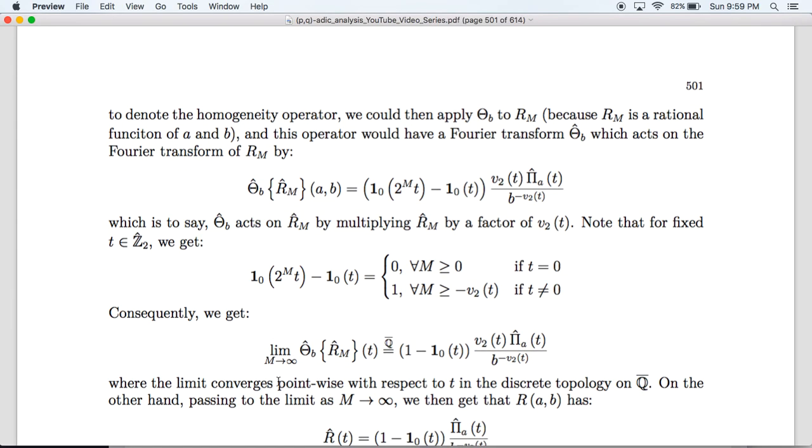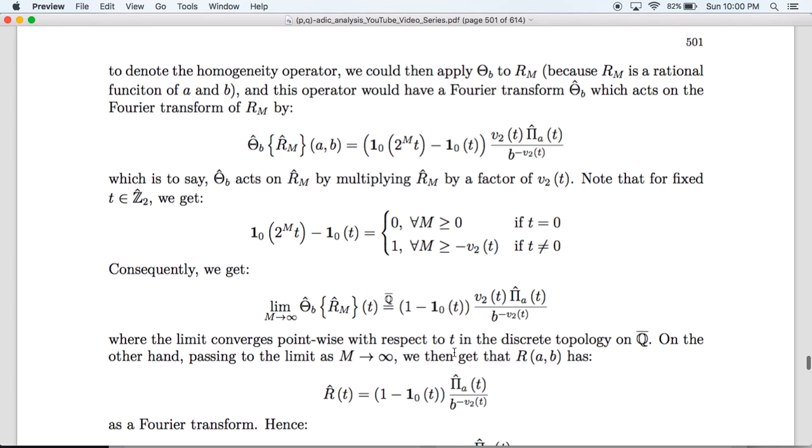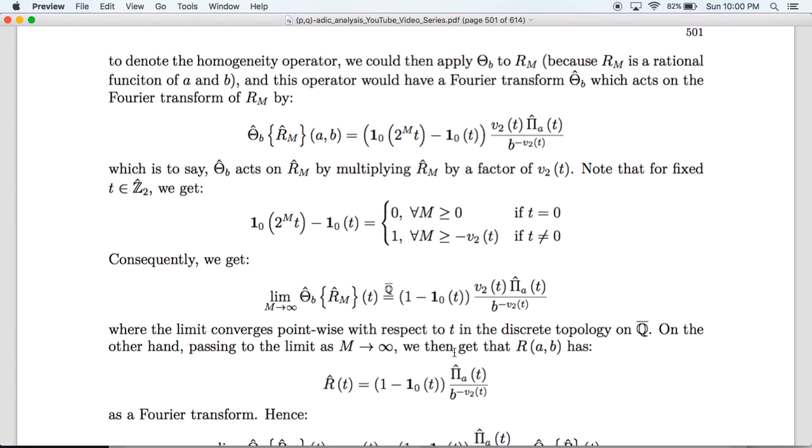Note that for a fixed t, we get that as m goes to infinity, we get this, and so theta_b hat of R_m hat as m goes to infinity is this, which then says that we can go from theta_b, an operator on the space of F-series, like R, and we can then map that to an operator theta_b hat on the space of Fourier transforms.